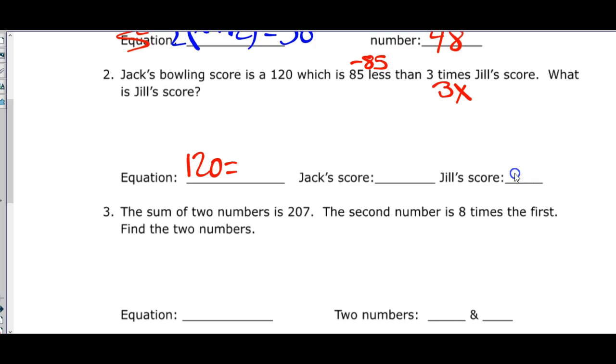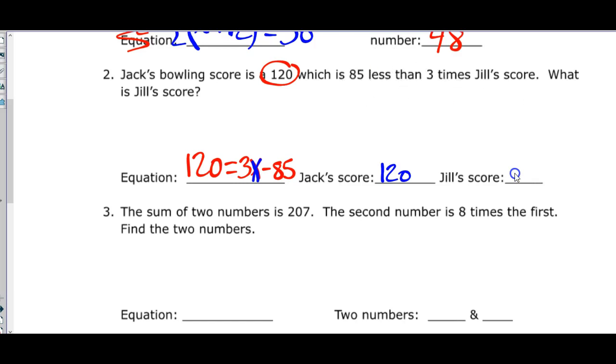So I'm going to say 120 equals 3x minus 85. There's my equation. I need to solve for x to find Jill's score.